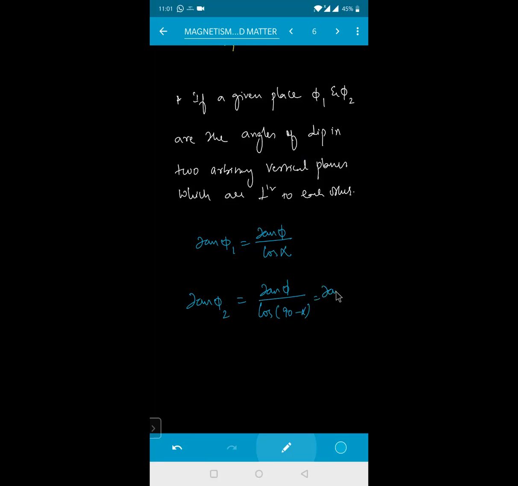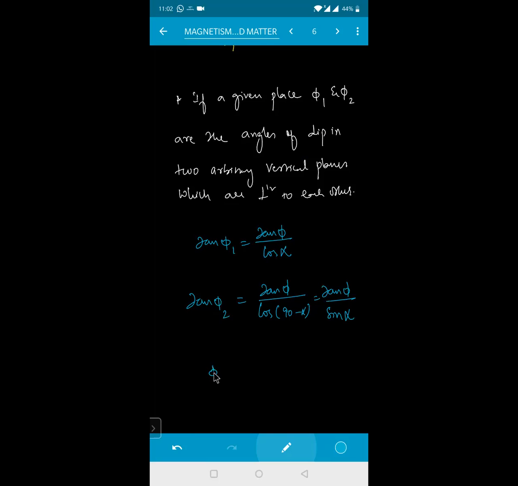That means this will become tan phi divided by sin alpha, because cos of 90 minus alpha is equal to sin alpha. Can I write like that? Okay. So tan phi 1 will be equal to tan phi divided by cos alpha, and tan phi 2 will be equal to tan phi divided by sin alpha. Clear? So these are the important relations you need to remember.